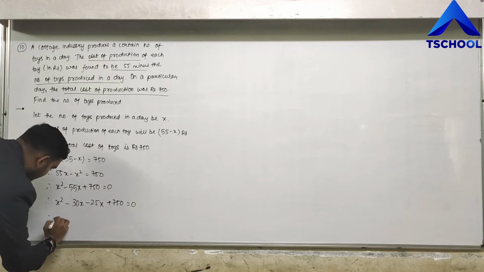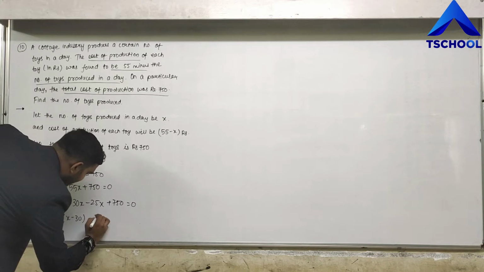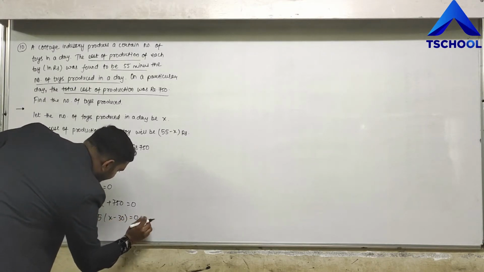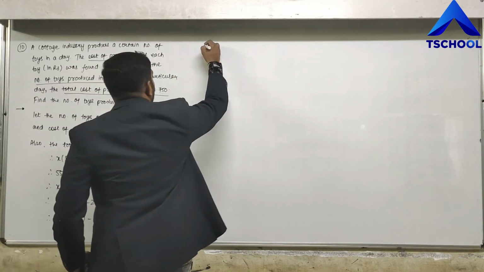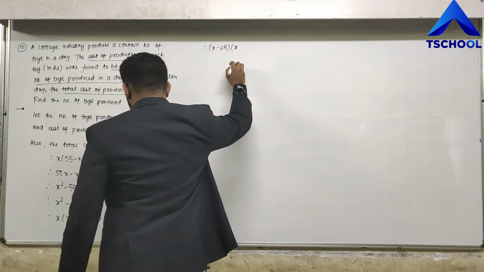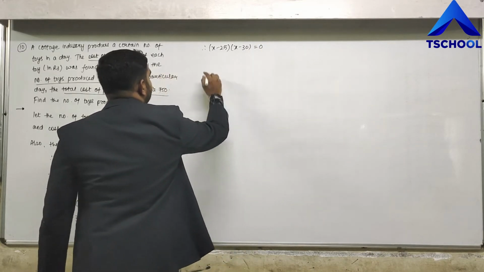Therefore, taking x common, x into x minus 30, here we shall take 25 common, that is again x minus 30, which is equal to 0, and hence we get x minus 25 into x minus 30 is equal to 0.